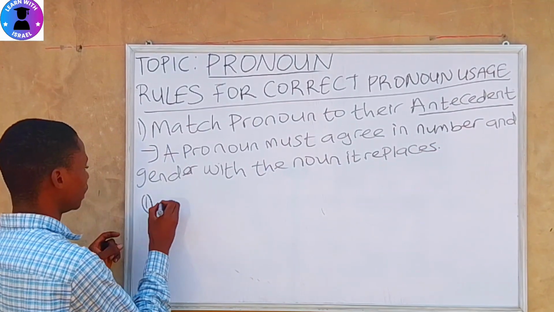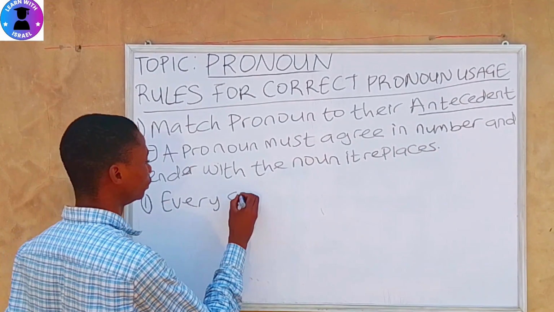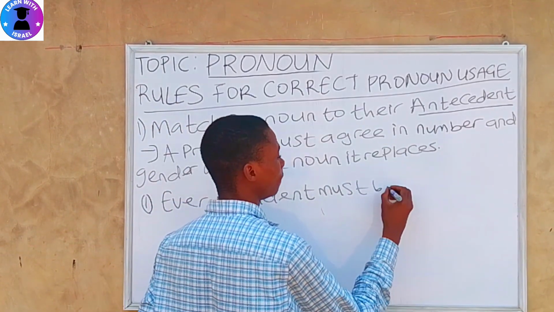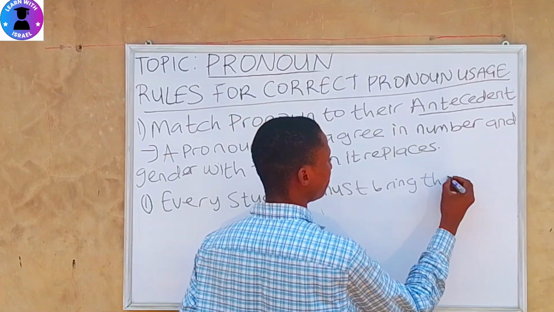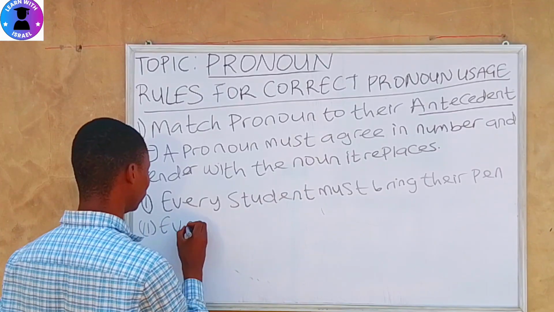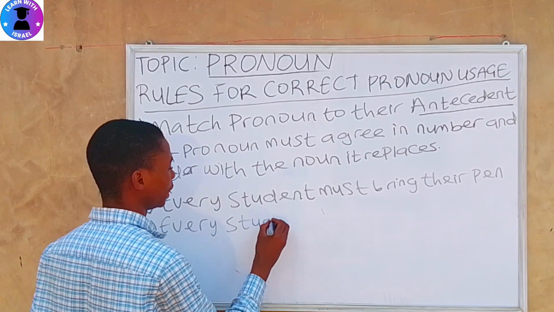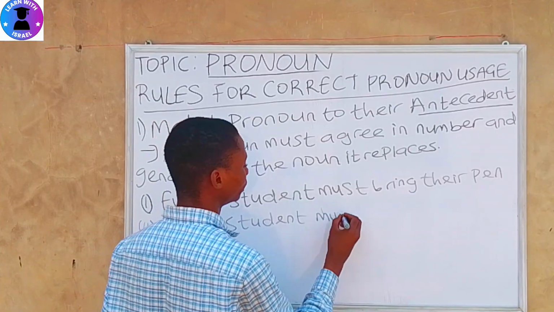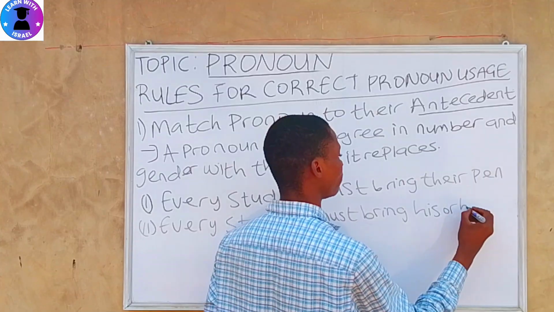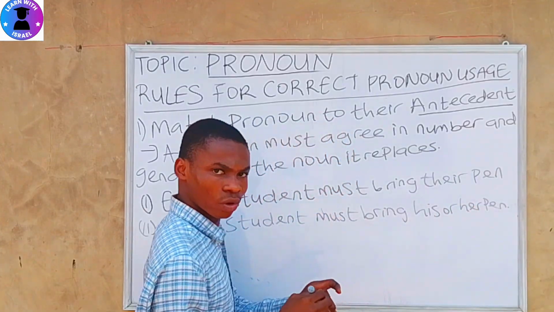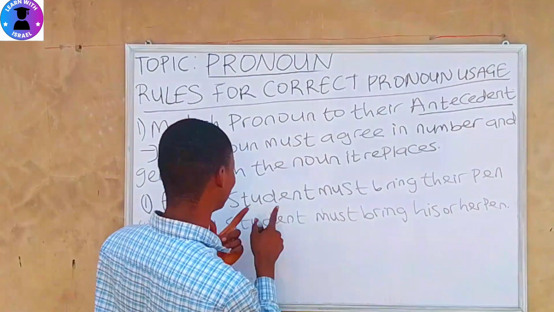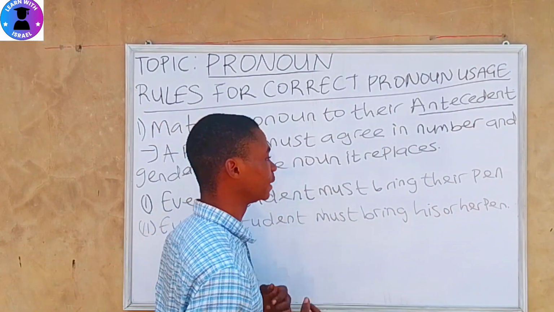So, for example, every student must bring their pen. And let me give another example. Every student must bring his or her pen. So, guys, look at these two examples and tell me the one that is correct. Every student must bring their pen and every student must bring his or her pen.